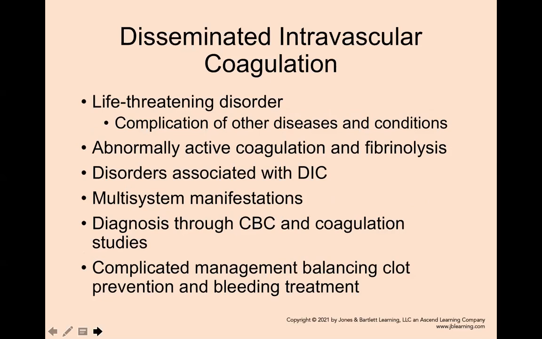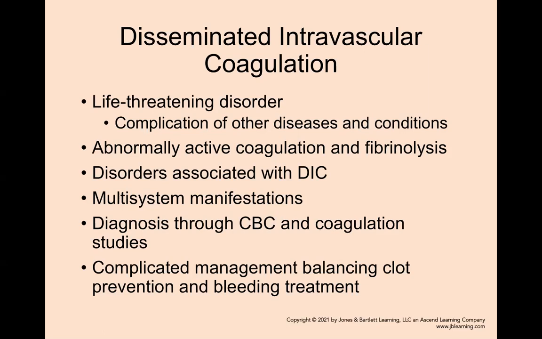So, disseminated intravascular coagulation. This is something that is very rare. These people usually have some kind of life-threatening disorder. They're in the ICU. They have multi-system organ failure. And you're going to diagnose this through a CBC and coagulation studies.